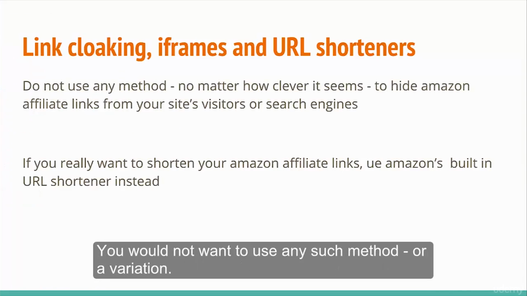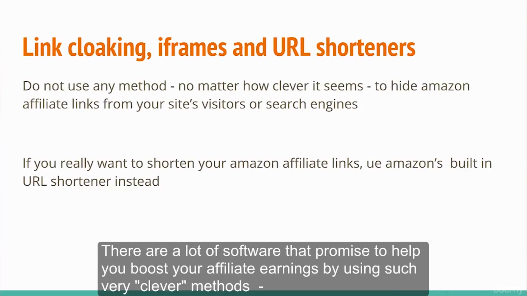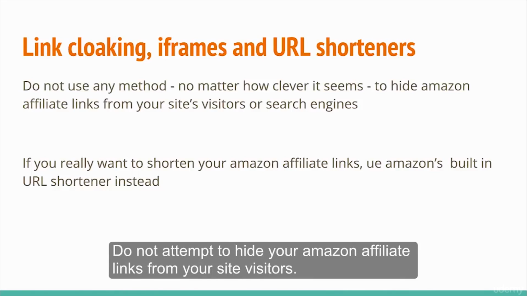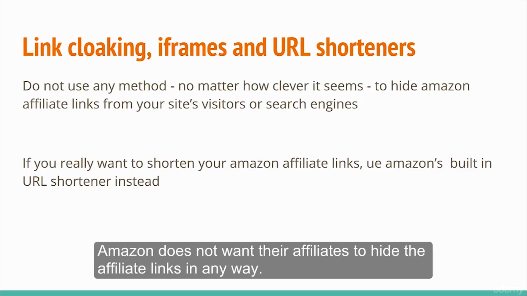You would not want to use any such method or a variation. There are a lot of software that promise to help you boost your affiliate earnings by using such very clever methods. You would want to stay away from them. Do not attempt to hide your Amazon affiliate links from your site visitors. Amazon does not want their affiliates to hide the affiliate links in any way.